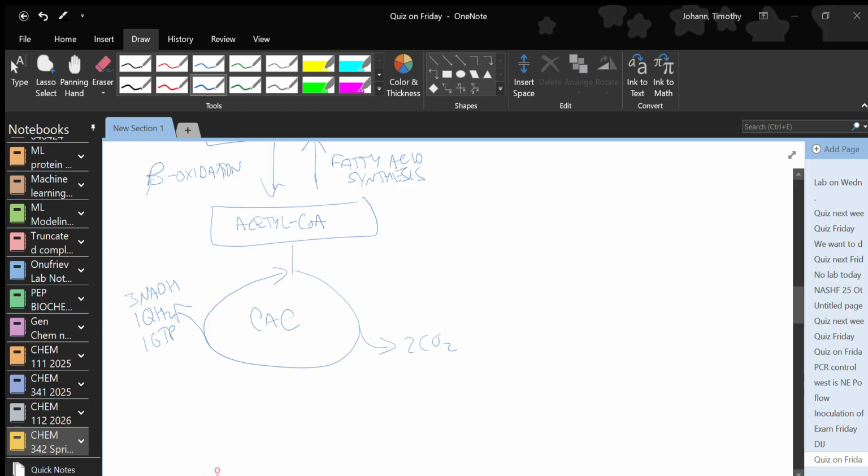Up here in beta oxidation, we're going to be getting products off as well. We'll be getting ubiquinol and NADH out here. And how much we get depends on how big that fatty acid is.